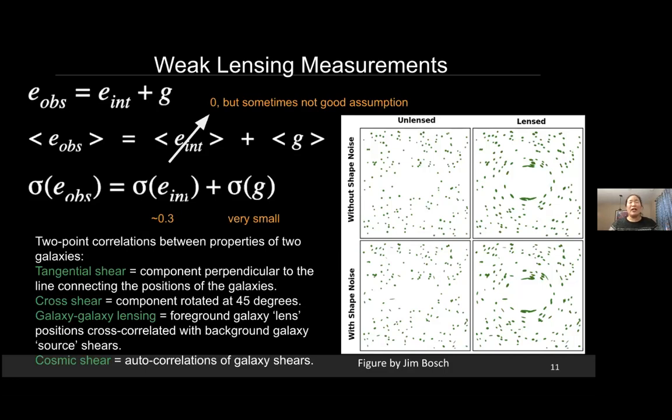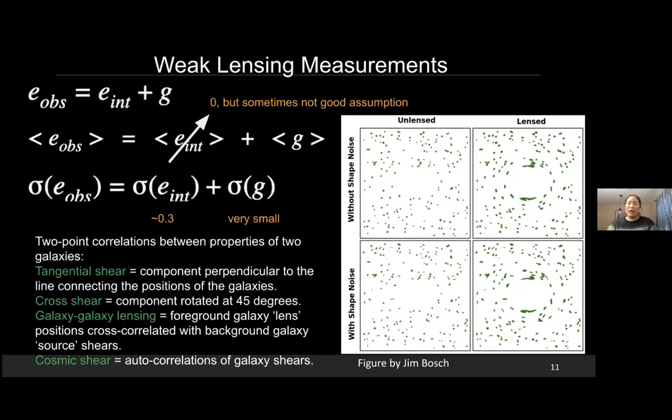We don't have galaxies that are all basically drawn from the same ellipticity, like they're not all circles. And the second term is very small. So you can kind of see from here, in order to beat down the impact of this intrinsic ellipticity, you have to make measurements of many, many galaxies.